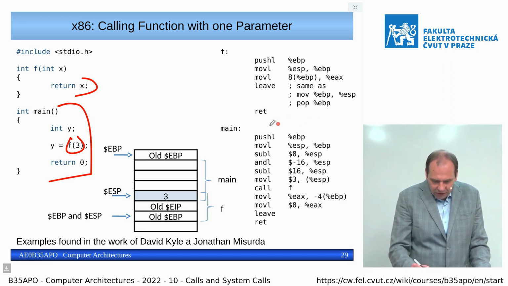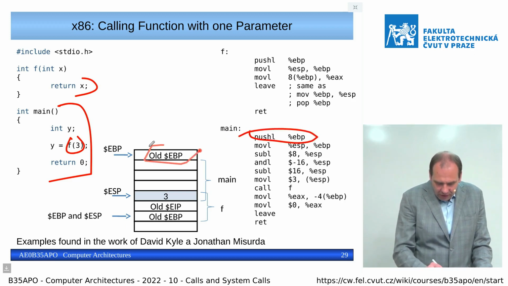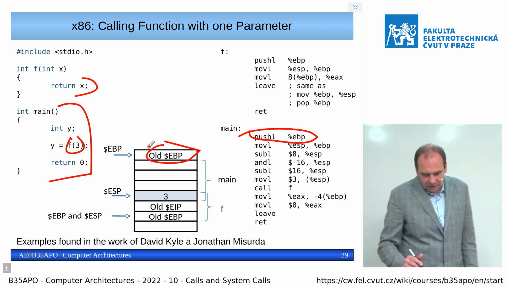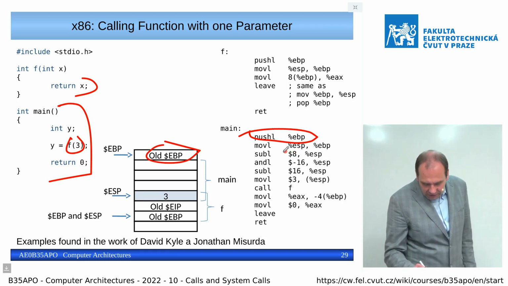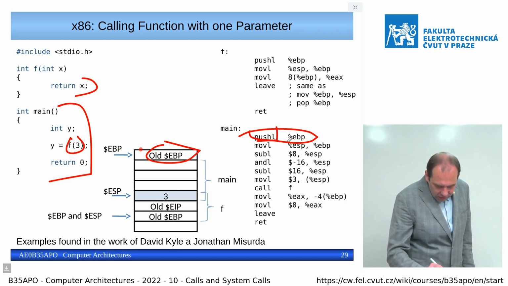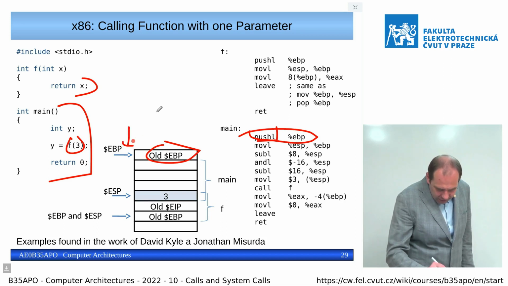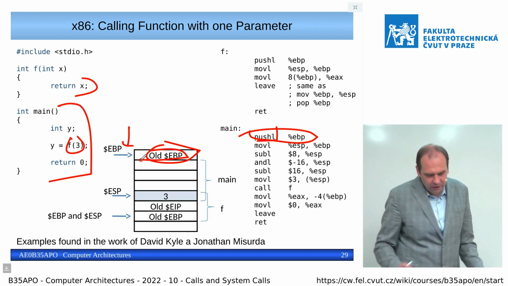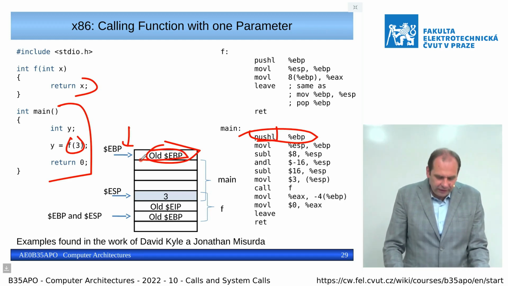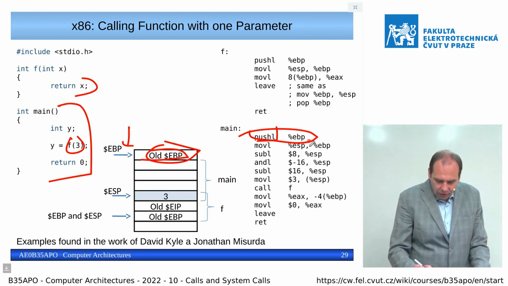In the main function, we first push EBP onto the stack for some reason. This push instruction in fact first moves the ESP down and then stores the value on the given address. So it allocates and pushes onto the stack directly.